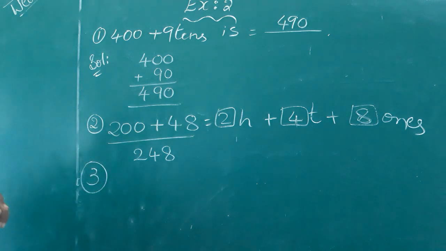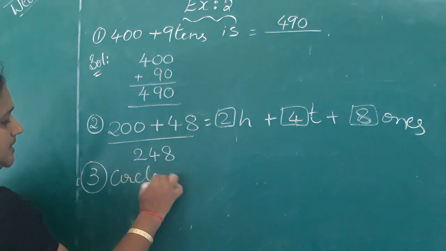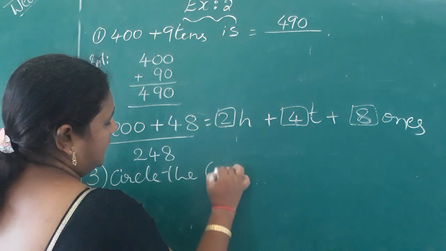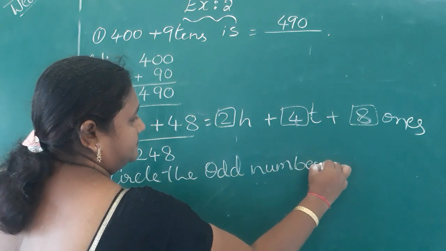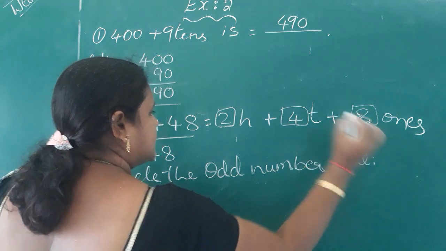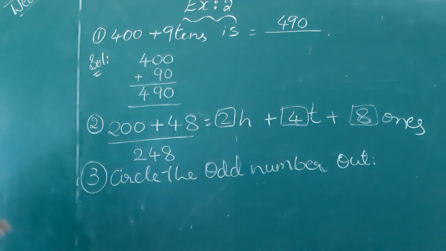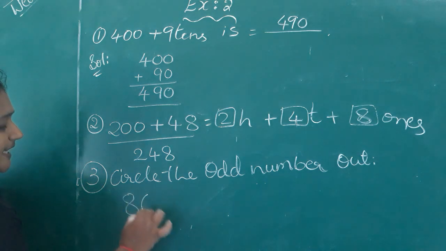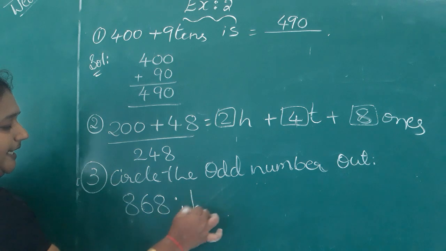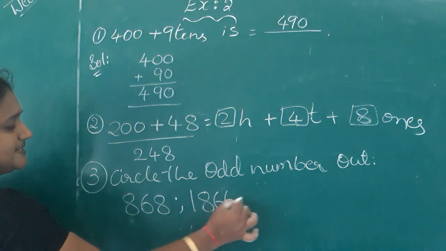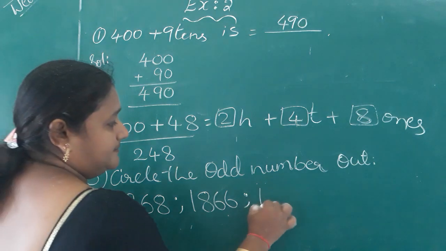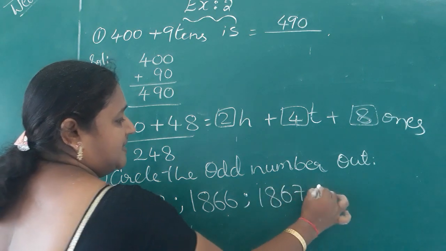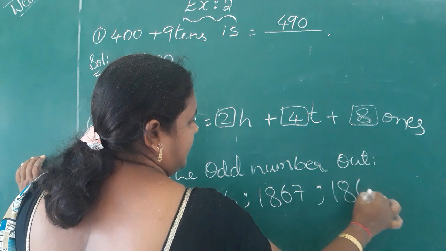Circle the odd number out. How will you circle the odd number? See that, they are given 868, 1866, 1867, 1868.